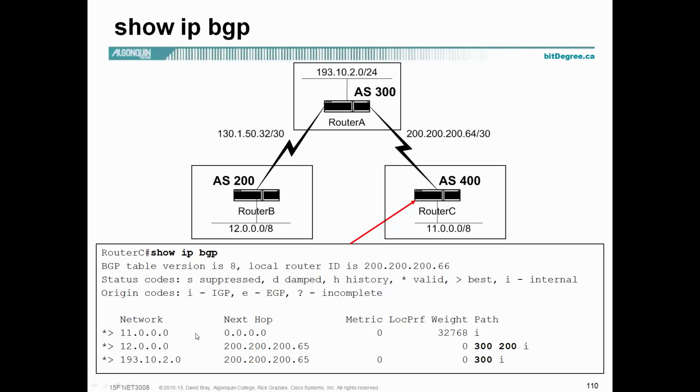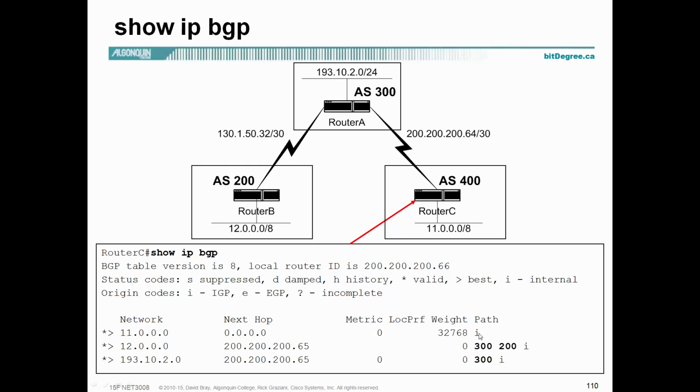Notice here that we've got three entries listed, so three reachable paths through BGP. I'll point out that network 11/8, which is in AS 400, is announced into BGP. Notice how the next hop is quad 0, so it's in our AS.